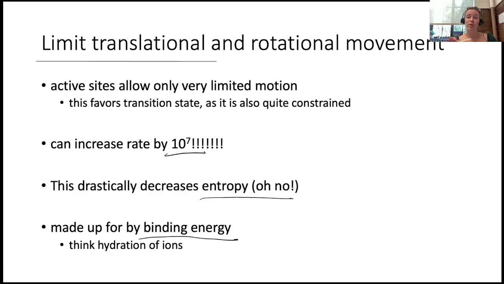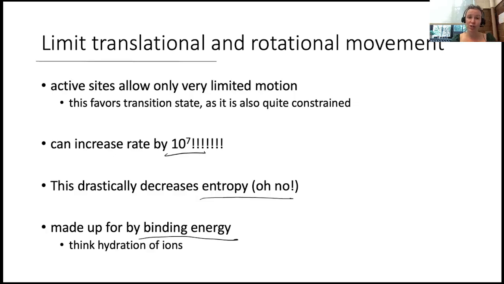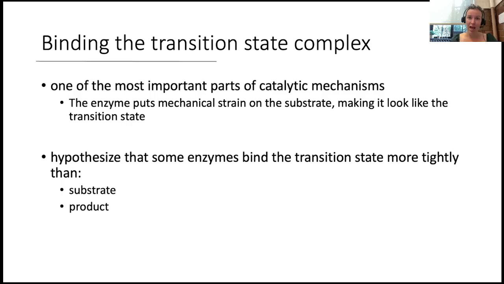One last thing that I do want to mention, but won't be a focus of the class, folks, is that in addition to electrostatic interactions that help to stabilize charge, in addition to proximity effects, orientation effects, and limiting movement, enzymes can constrain the substrate in such a way, as was alluded to on this slide, to mimic the transition state.